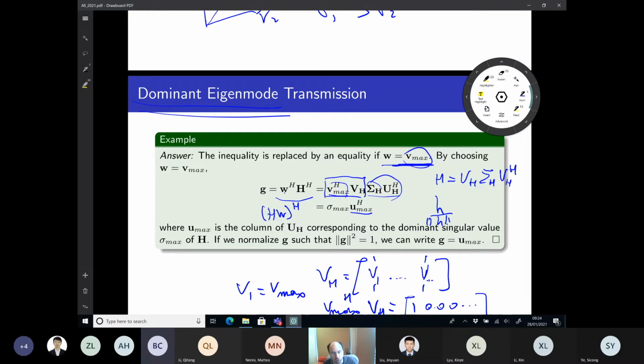So if you have only a single receive antenna, choosing this relationship boils down to simply transmitting along the channel direction. Okay, so the dominant eigenmode transmission is actually more general than what we did before with matched beamforming, maximum ratio transmission. In the case where you have a single receive antenna, this quantity simply boils down to that, right? That's a good exercise you can try at home just to get a bit more familiar with those singular value decompositions.